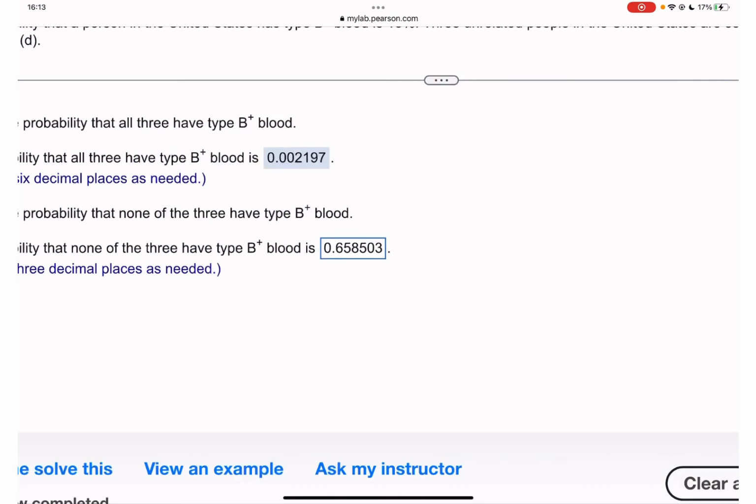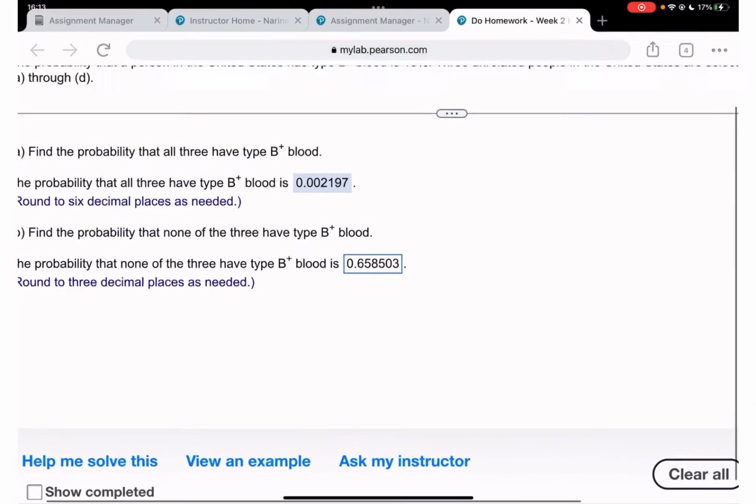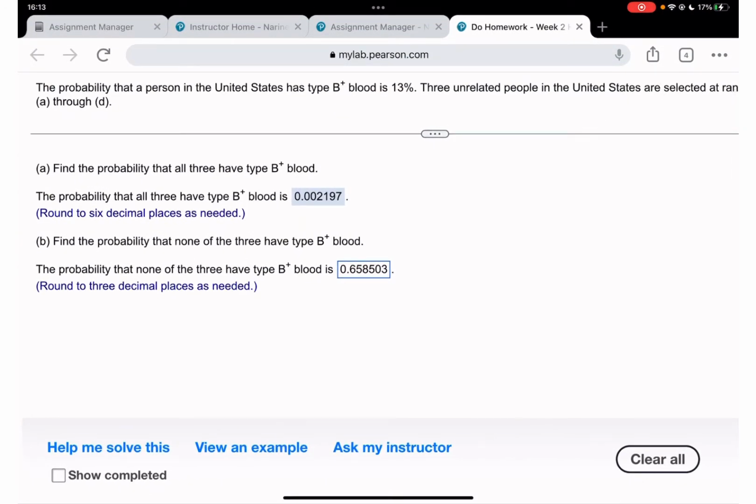What is wrong in this case? Let me double check again. 1 minus 13% is going to make 87%. So let me clean. 0.87 times 0.87 times 0.87, and I'm getting 0.65853.